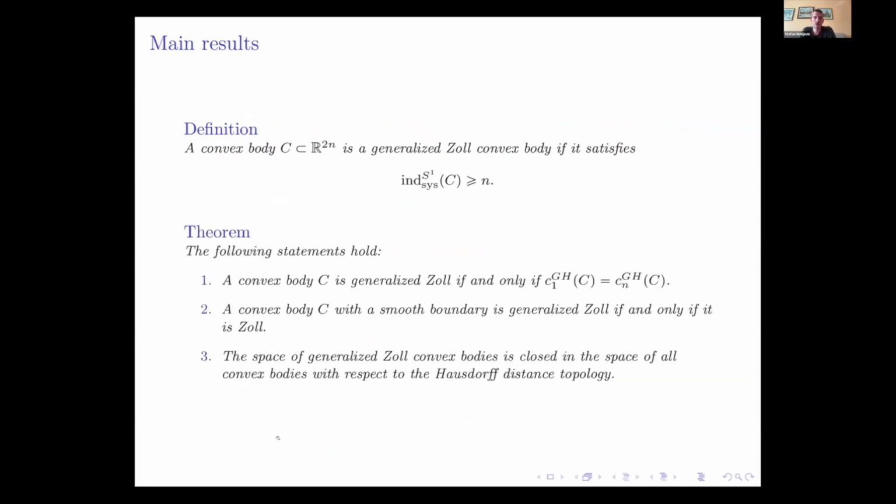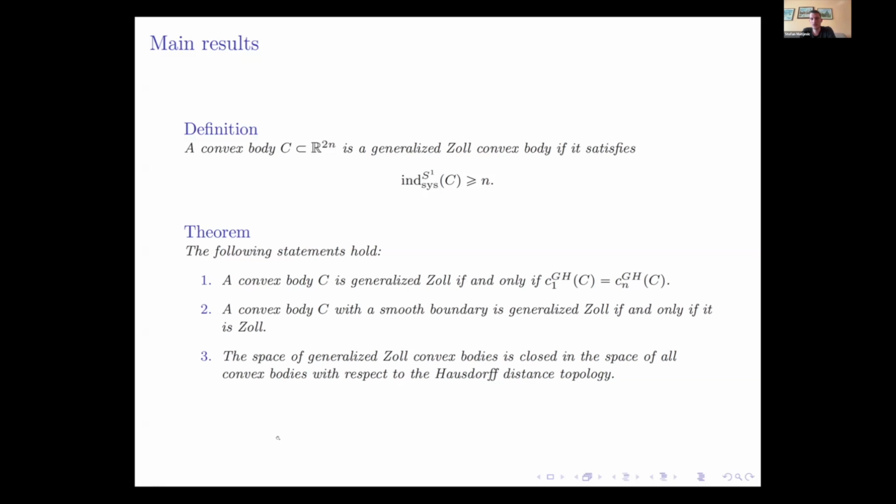And then we have the following theorem. First of all, a convex body is generalized Zoll if and only if the first Gutt-Hutchings capacity is equal to the nth one. This we get from the characterization of the systolic S1-index with capacities.